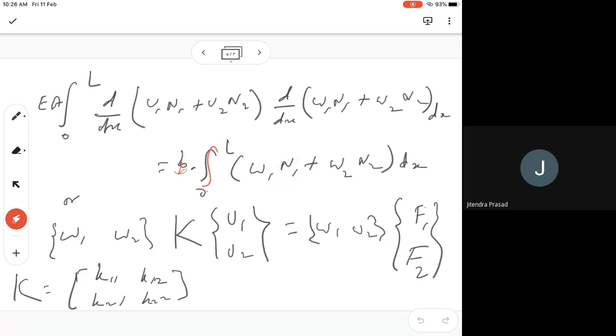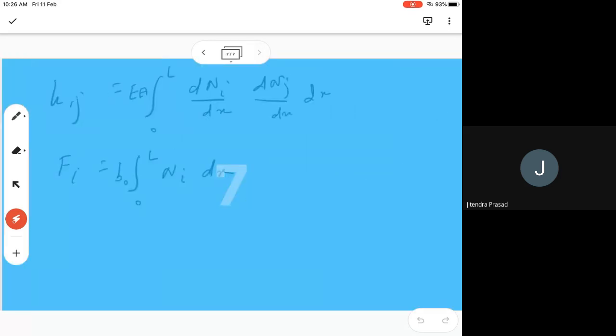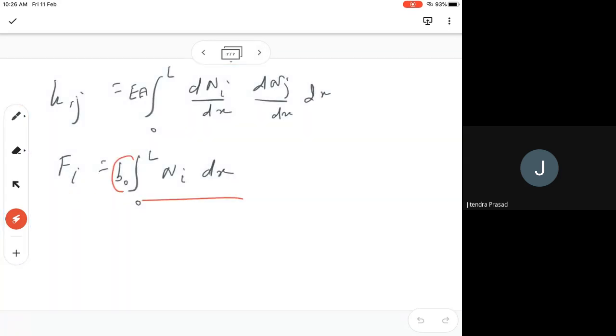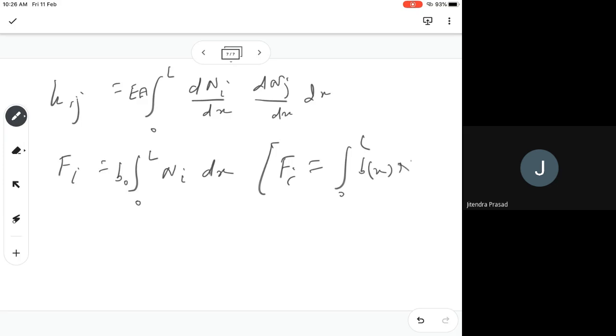So B naught integral of N1 dx must be F1, right? So we get the force based on the body force. So Fi is equal to this. Very simple. If B is not constant, in general, you can write Fi is equal to integral 0 to L of Bx Nix dx. If B is a function of x, it will be inside the integral; this time it was constant, so it came out. So automatically it gives you the expression for the force. You did not have to do anything. It's so powerful.